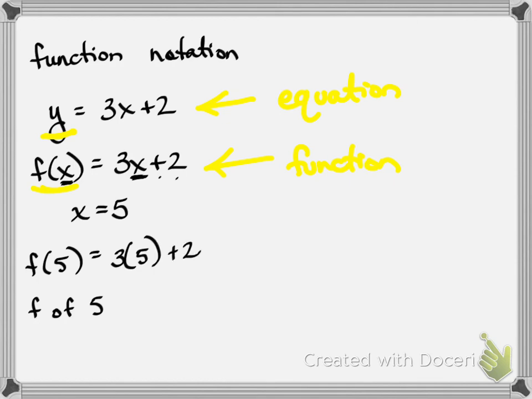And that's all function notation is. You just substitute in the function's value. So order of operations, 3 times 5 is 15, and 15 plus 2 is 17. So function notation is a really handy and quick way to write and evaluate equations.